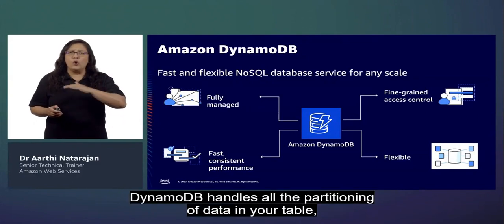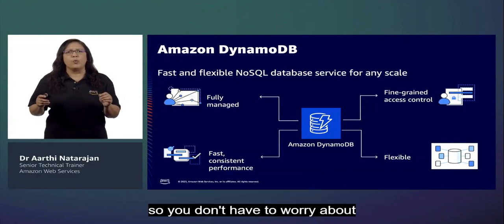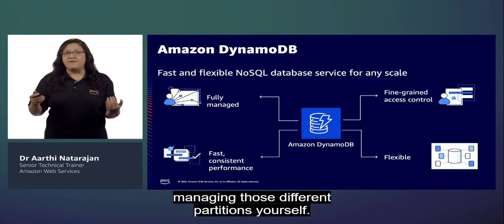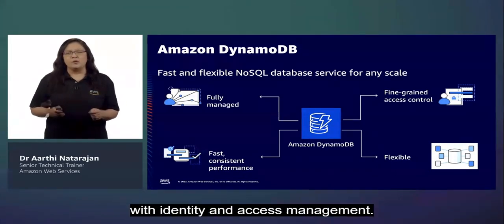DynamoDB handles all the partitioning of data in your table, so you don't have to worry about managing those different partitions yourself. You also get fine-grained access control with Identity and Access Management.